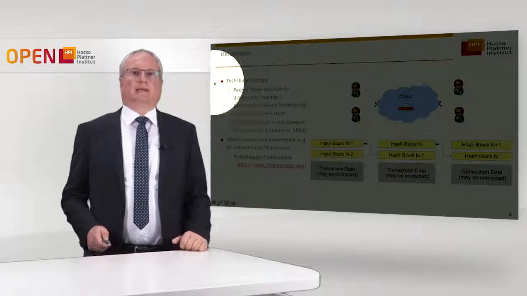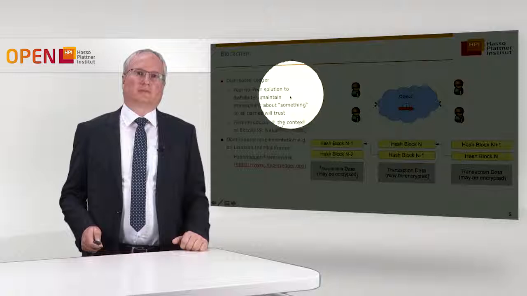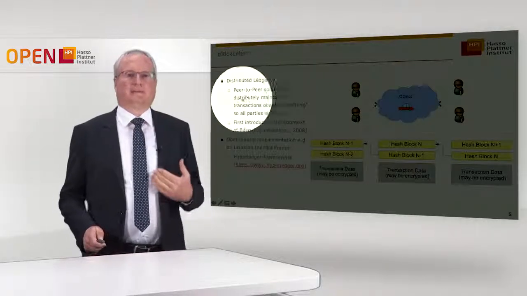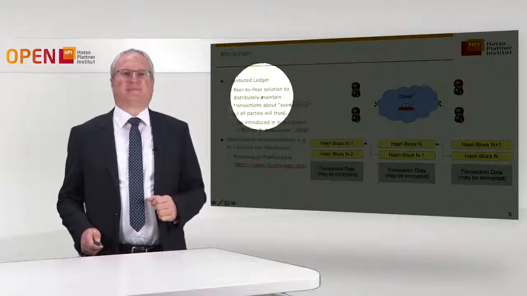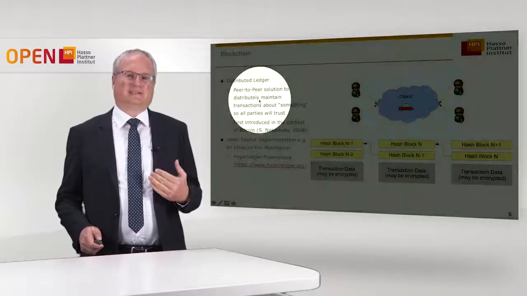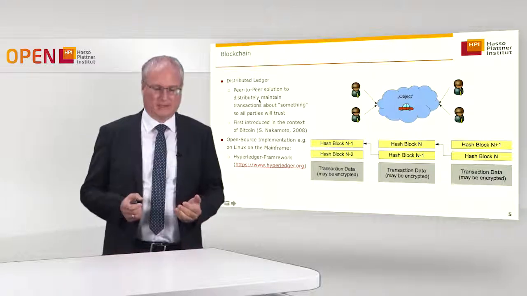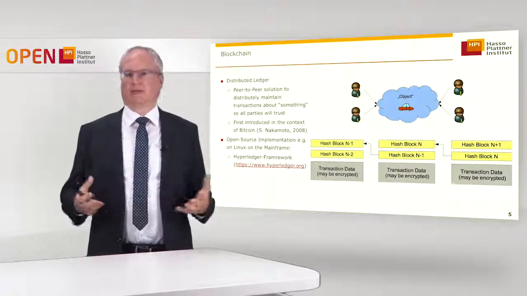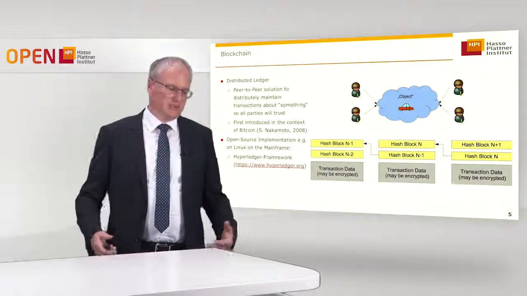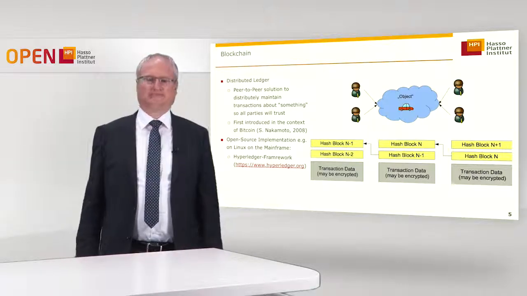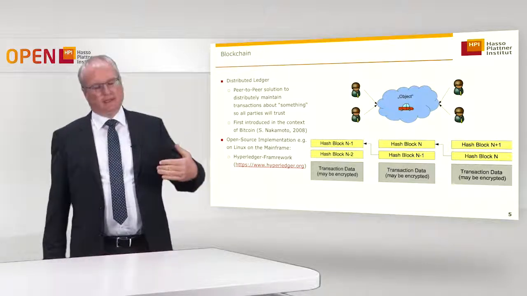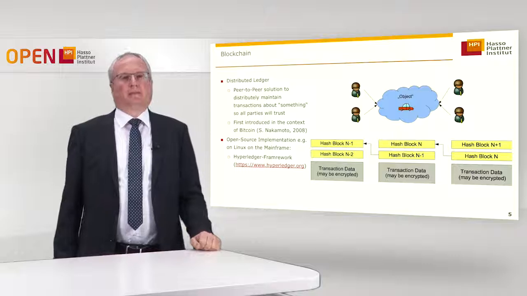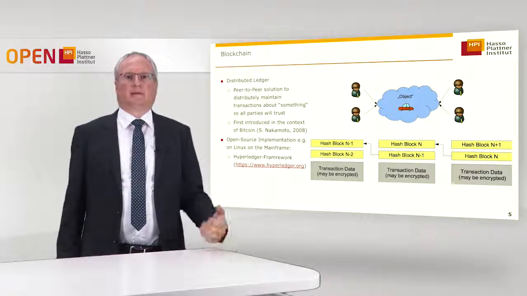So basically it allows you to store, in a trustful and distributed way, transactions that have been executed by different parties that together form any kind of business-related network. The original idea comes from Bitcoin, the cryptocurrency, that has been proposed by Nakamoto.